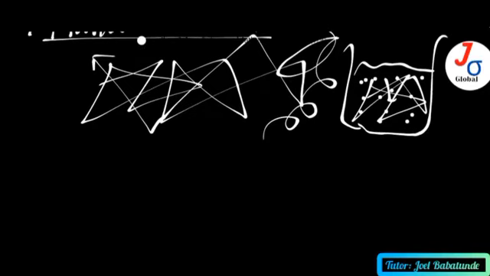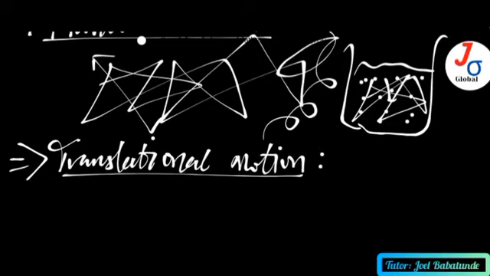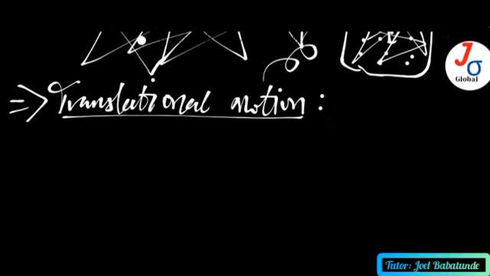Then another type of motion that we want to look at today is the translational motion. Translational motion is when rigid objects move from one point to another in space without rotating. So they just move from, let's say, point A to point B without rotating.